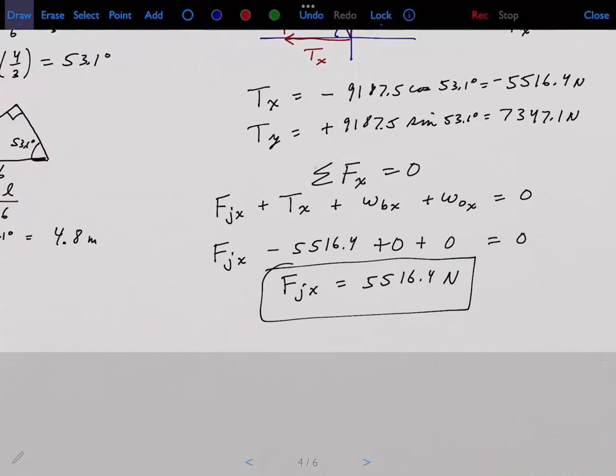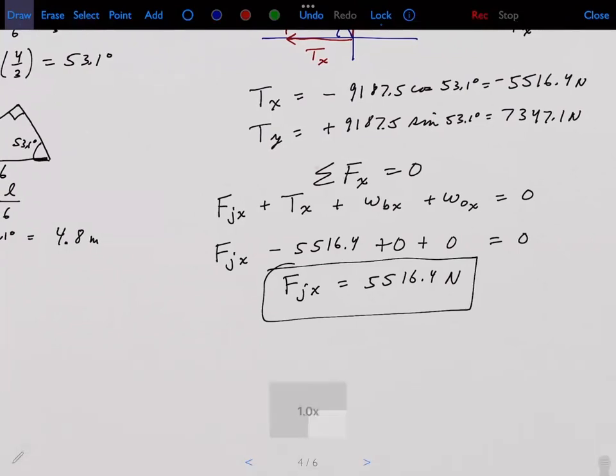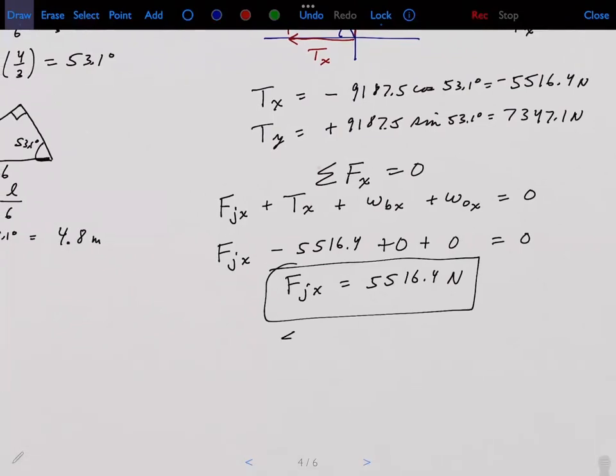And then we do the same thing for the y direction now. So I do sum of the forces in the y. So now I want the y component of the joint force plus the y component of the tension plus the y component of the weight of the beam. This is the y component plus the y component of the object. That's got to equal 0.